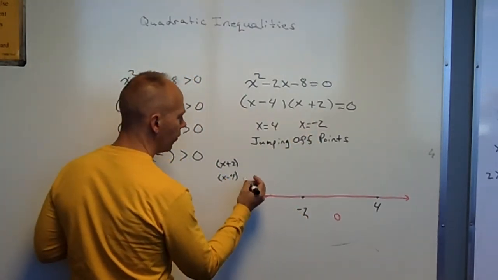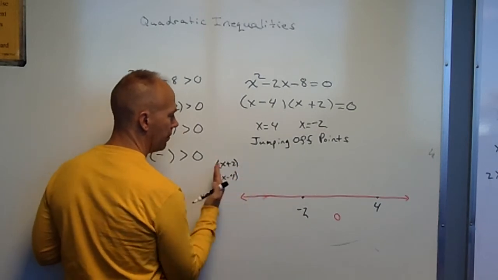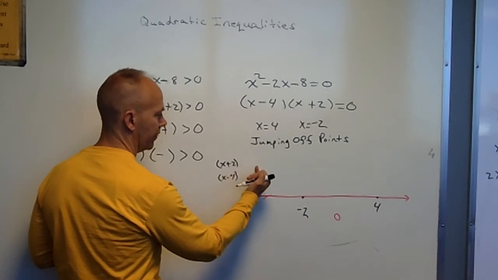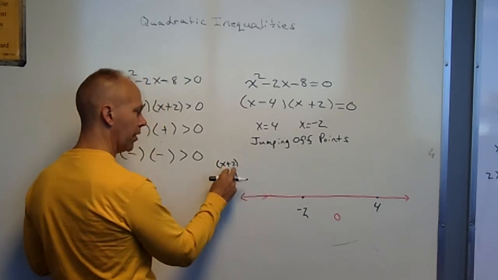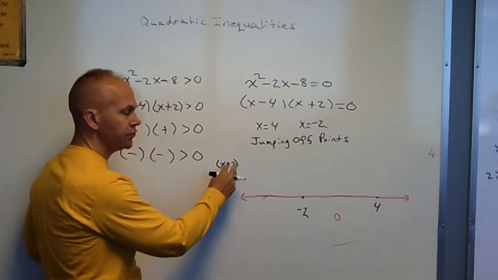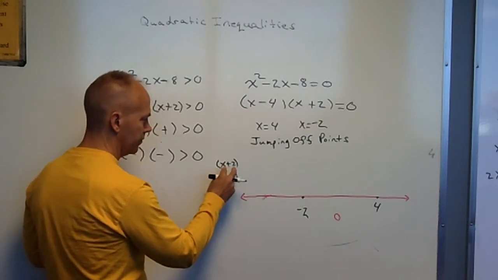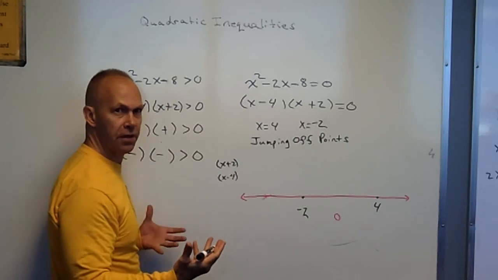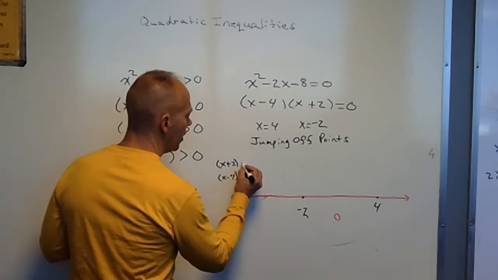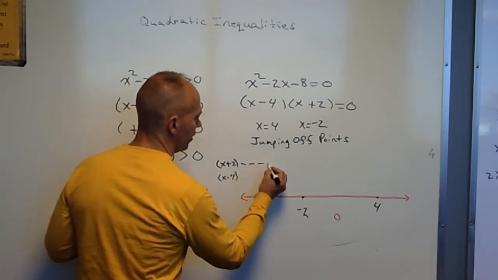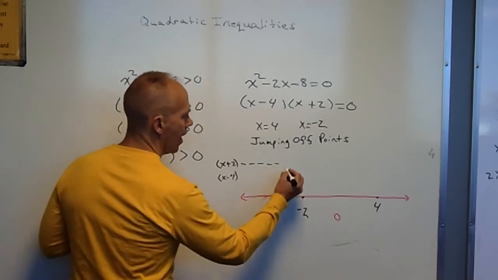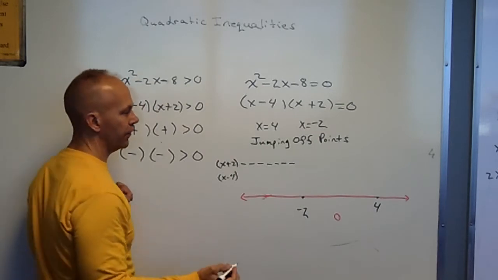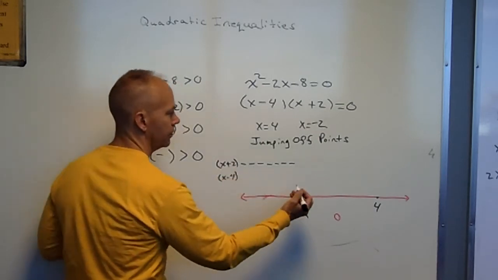Now, if I look on the number line, and I'm out here in the negatives, like at negative 20, negative 10, negative 15, and I'm plugging those values for x, this factor, negative 20 plus 2, negative 10 plus 2, negative 15 plus 2, comes out to be negative. So out here, this factor is negative, and then it stays negative all the way up until I get x equal -2. I plug in -2, -2 plus 2 is 0.